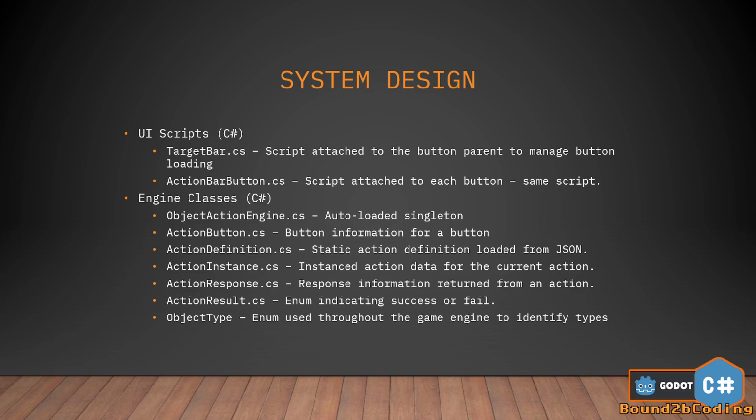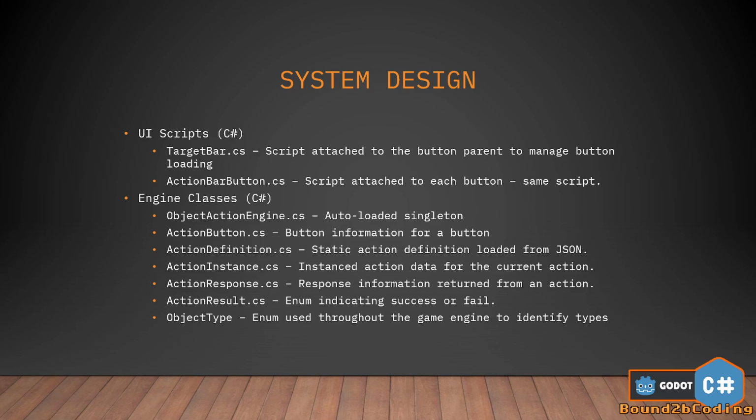Now, the UI has a couple of scripts, and I will show you those in just a minute. We have a target bar, which is the script that is attached to the button parent. So you remember I showed you the target bar where the buttons appear. That node has a script attached to it, and its job is to manage the loading and unloading of those buttons and the processing of those buttons.